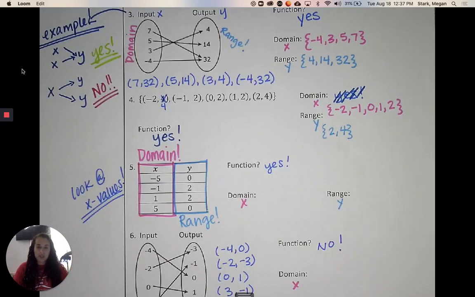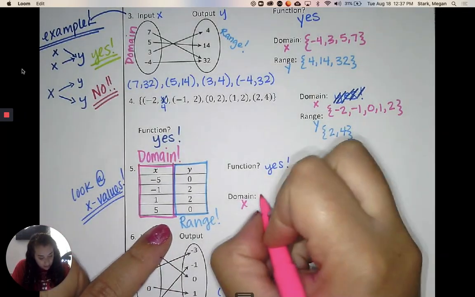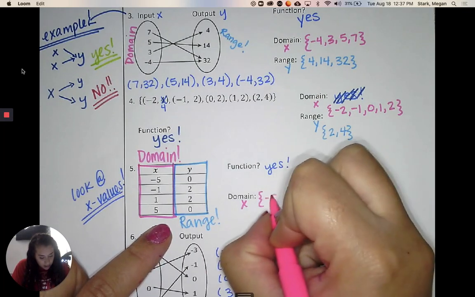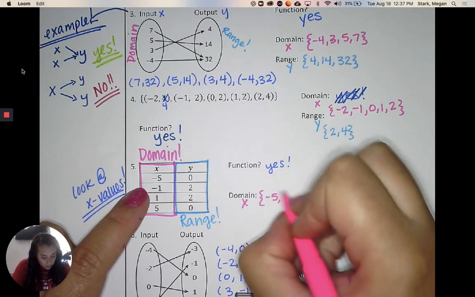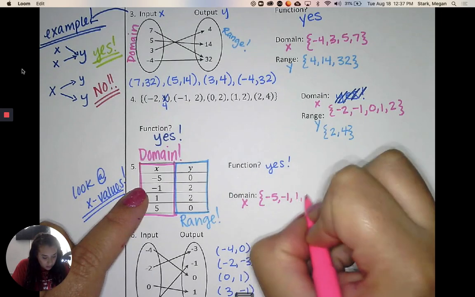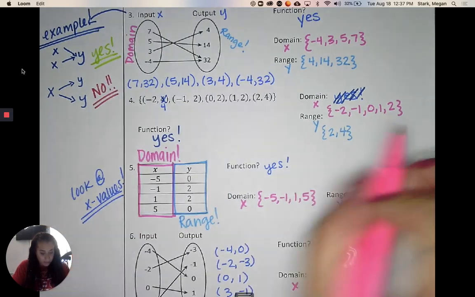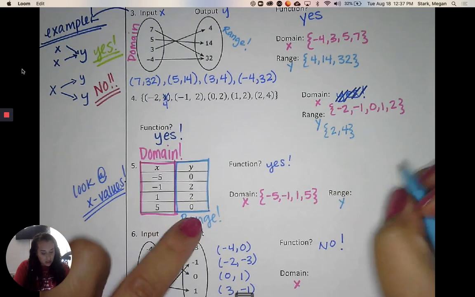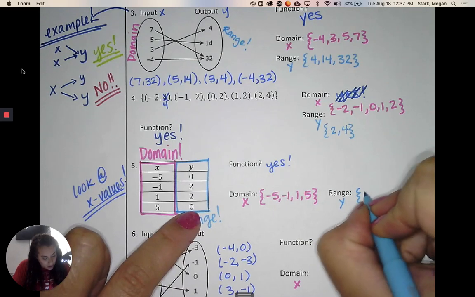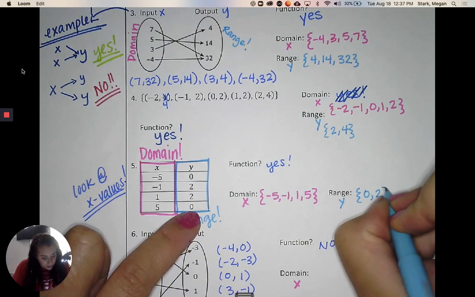Okay? So our domain, -5, -1, 1, 5, and our range, 0, 2.